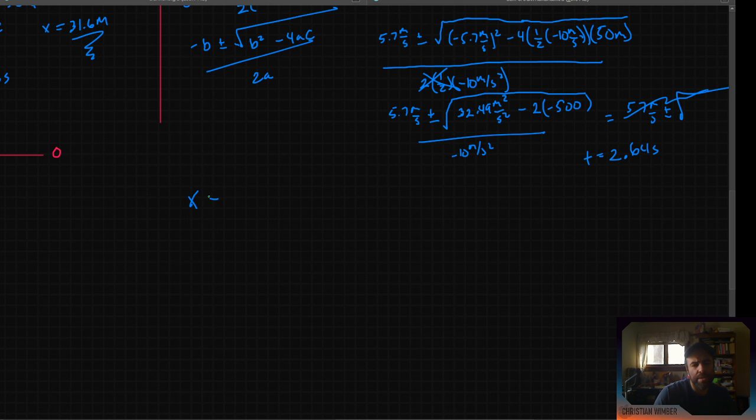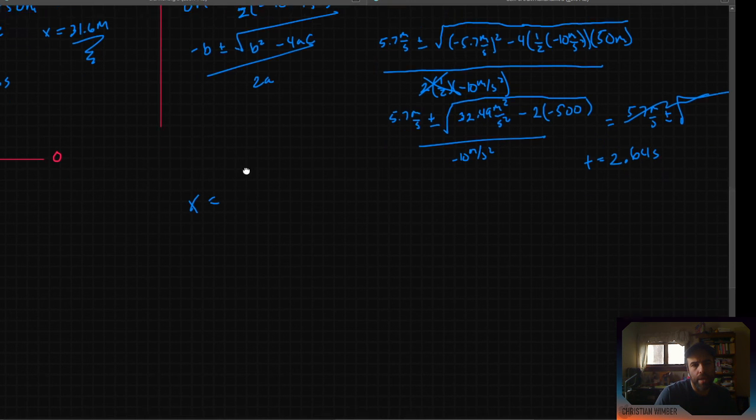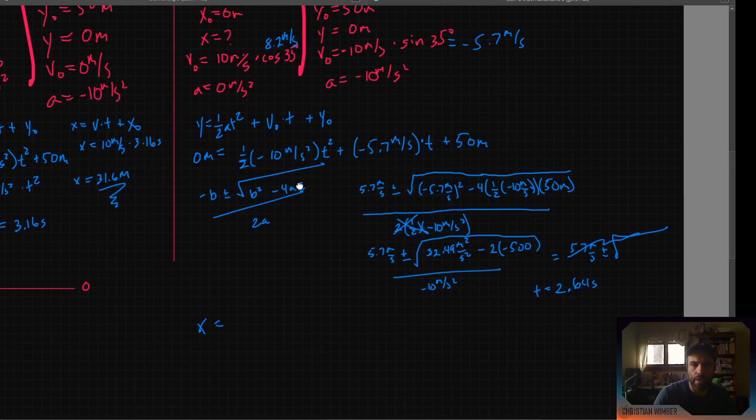We know that our position will end up being the velocity, which we figured out was here the 8.2, our horizontal velocity, times that time, 2.64 seconds. I end up getting 21.6 meters.